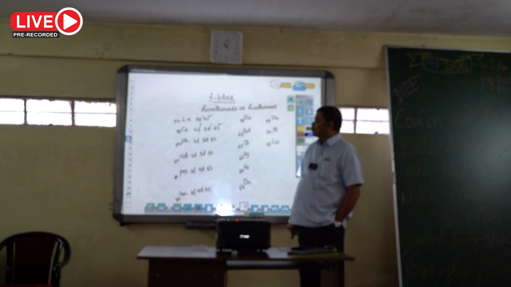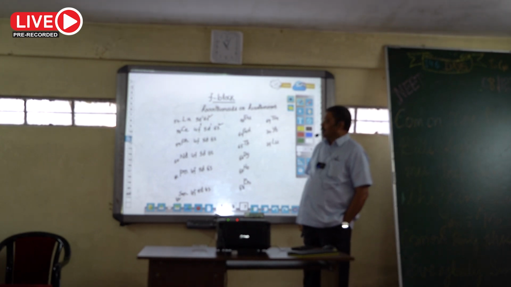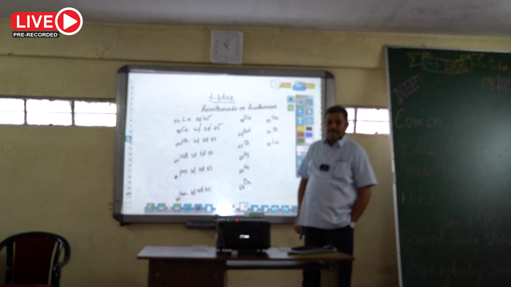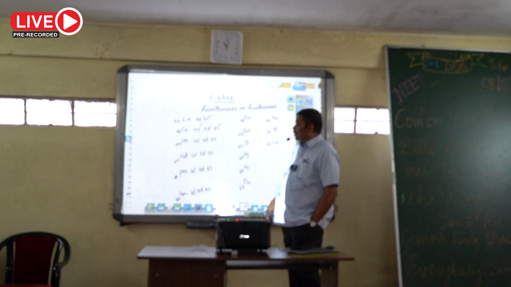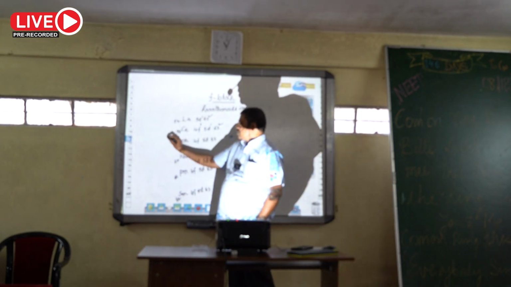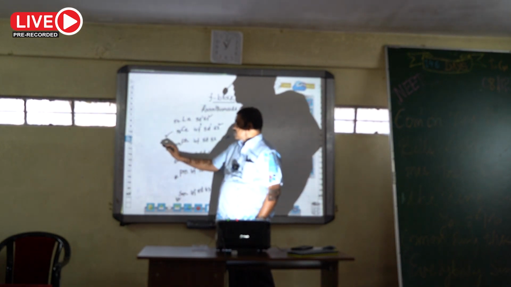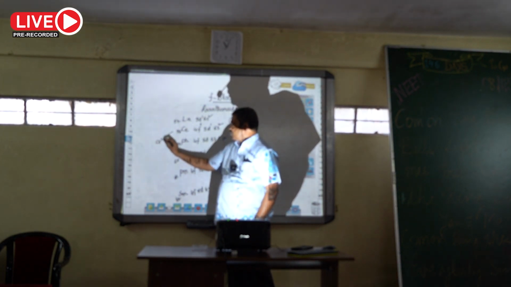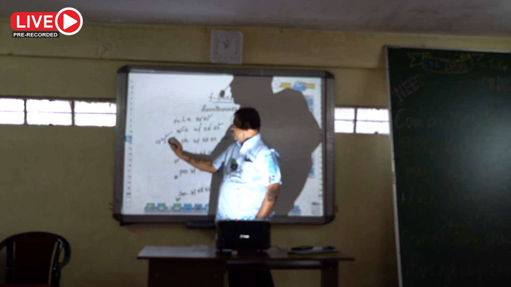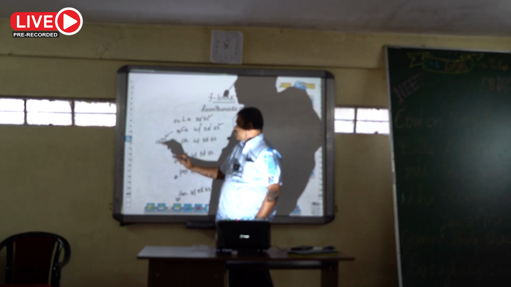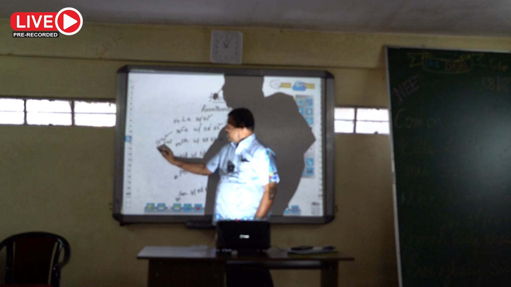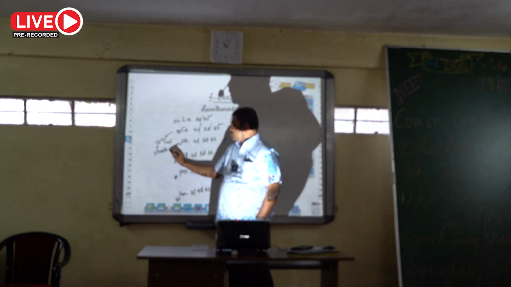Now cerium is 58. Here we discuss one more very important point. When cerium loses 4 electrons, it becomes Ce4+, and it will get stable xenon configuration.